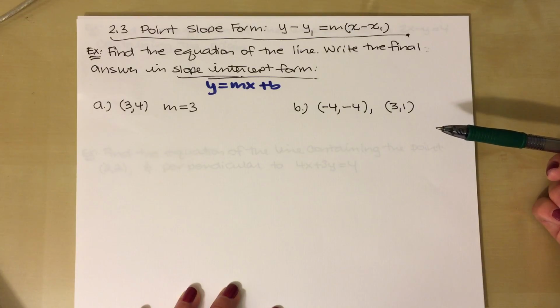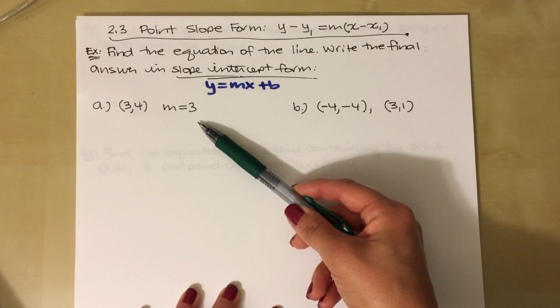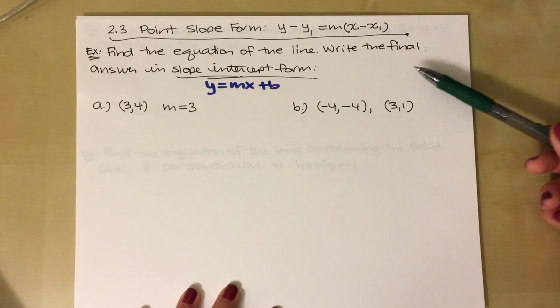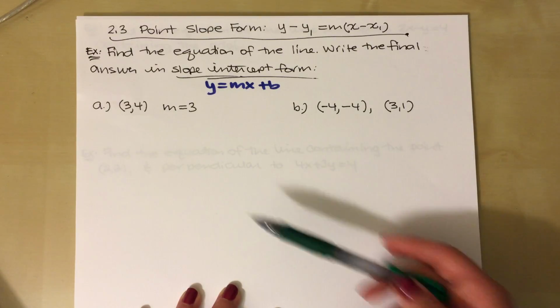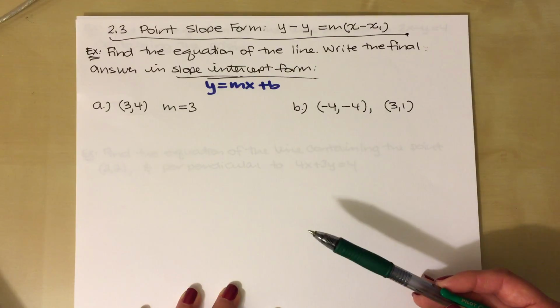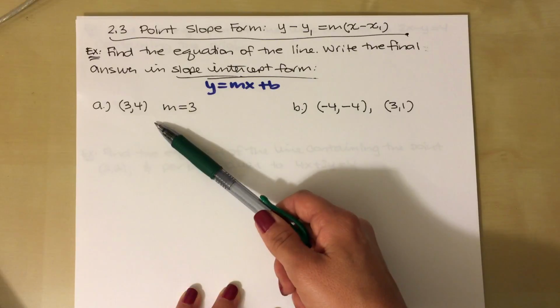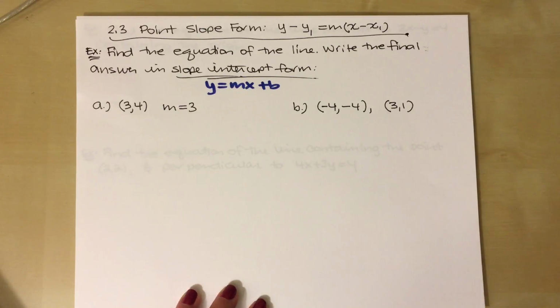We want to find the equation of the line passing through (3, 4) with slope 3, and we'd like to write our final answer in slope-intercept form, y equals mx plus b. So the first thing we're going to do is take the information that's given and input it into point slope form.